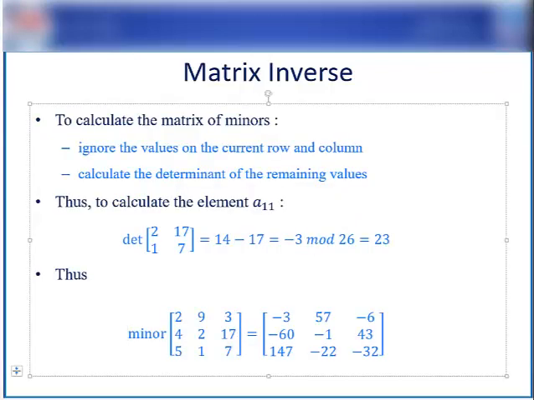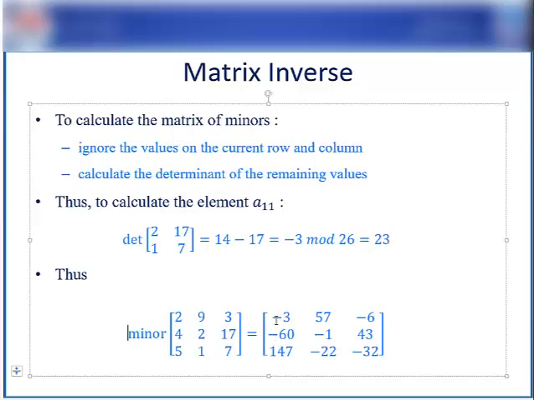To calculate the matrix of minors, for each element we ignore the values on the same row and column and calculate the determinant of the remaining values. For example, if we are calculating the element A11 here, we ignore elements at the same row and at the same column. For the rest of the matrix, we calculate its determinant. So we have minus 3, which modulo 26 is equal to 23.